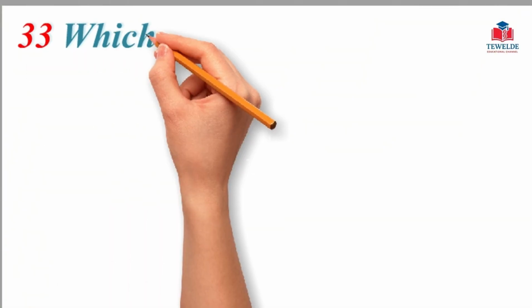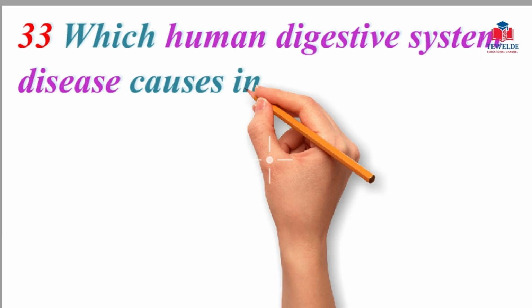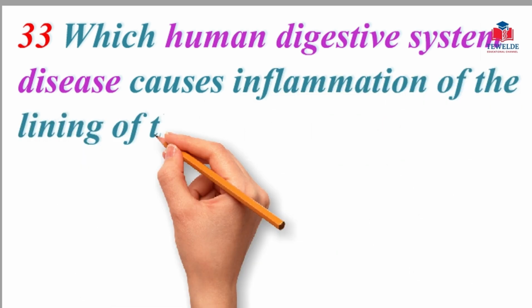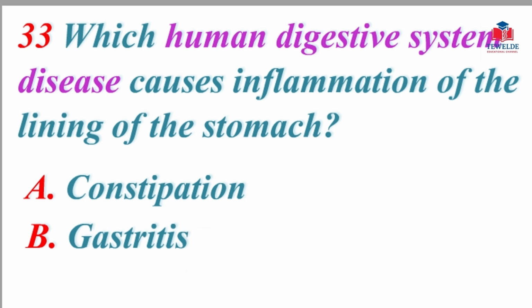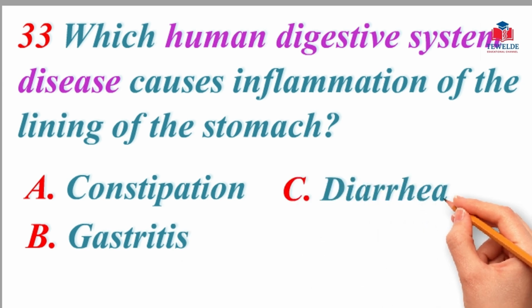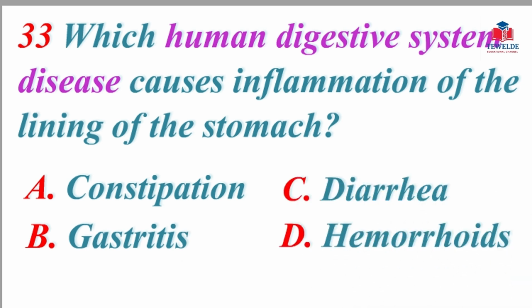Question number 33. Which human digestive system disease causes inflammation of the lining of the stomach? A. Constipation. B. Gastritis. C. Diarrhea. D. Hemorrhoids.